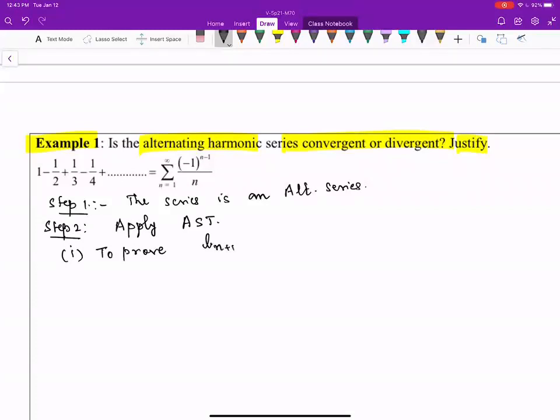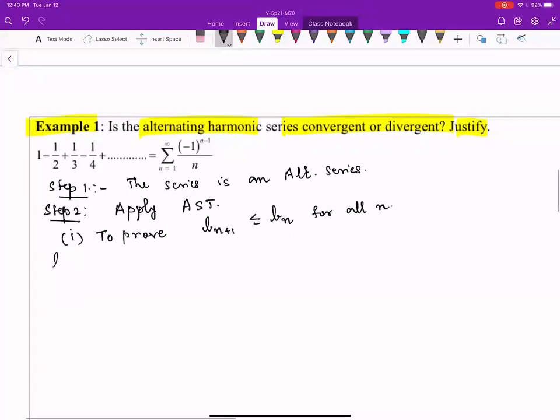b sub n plus 1 is less than or equal to b sub n for all n. What is b sub n? It is the absolute value of a sub n. So what is a sub n? a sub n is the given series term without the sigma sign, which will be negative 1 to the power n minus 1 divided by n.